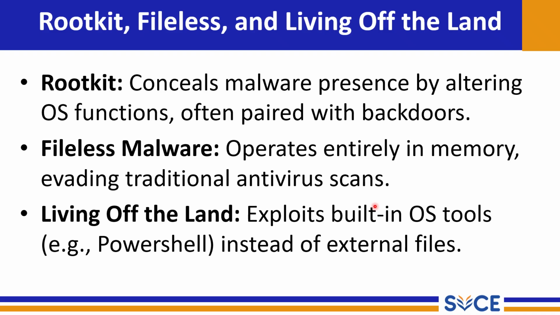Fileless malware is a type of malicious software that operates entirely within the memory rather than on a hard drive or as a file. So this makes it particularly difficult to detect and remove, as traditional antivirus and security solutions often rely on scanning for malicious files on a disk.